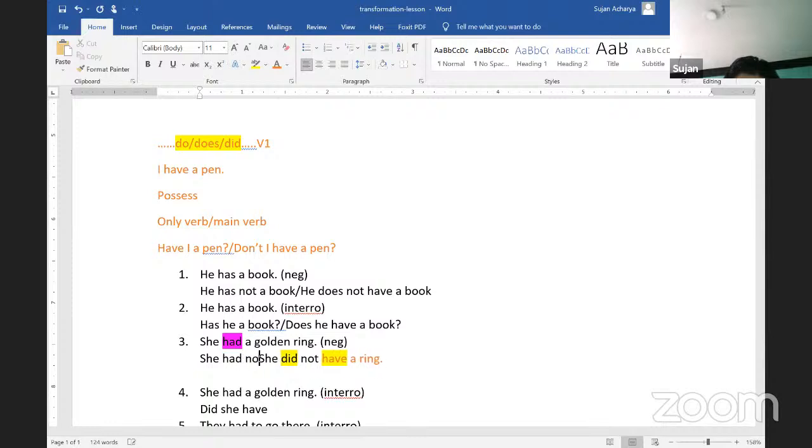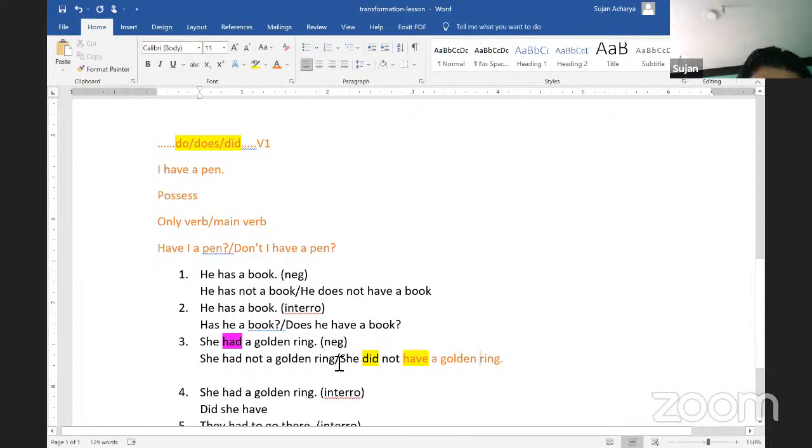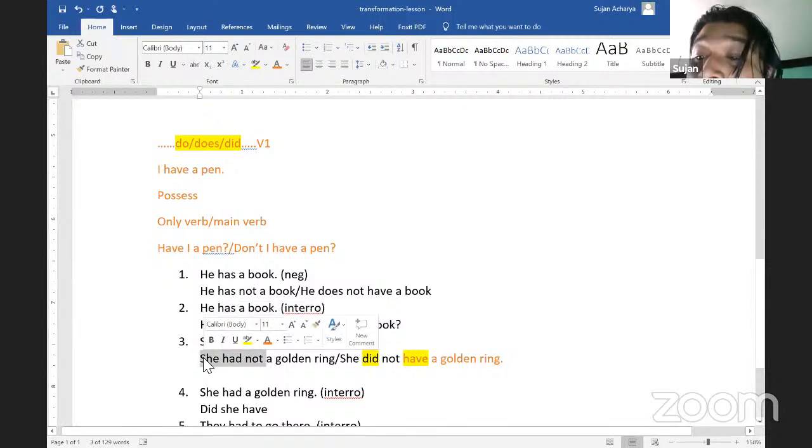She had not a golden ring is the possessive form. She did not have a golden ring uses had as the main verb. But it depends on what kind of options you are asked.